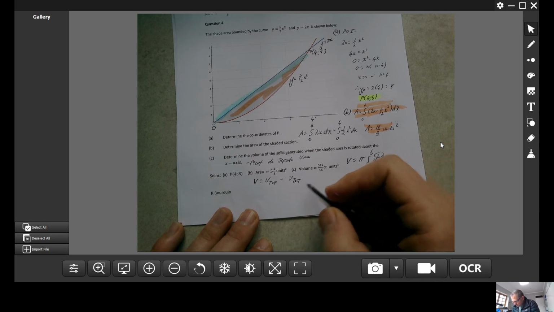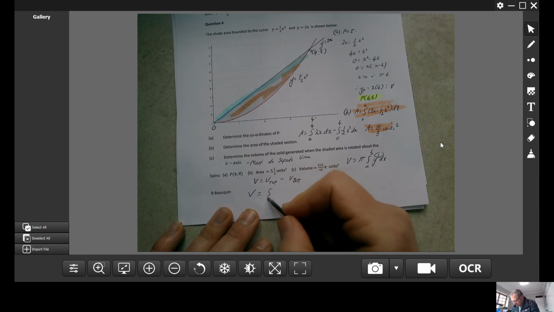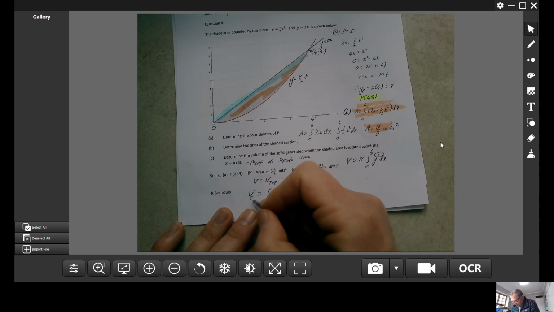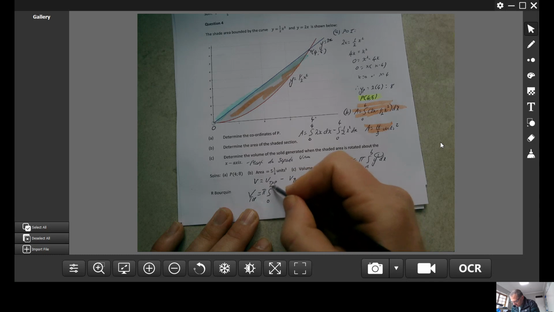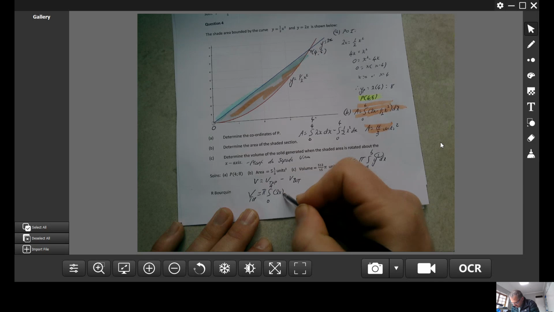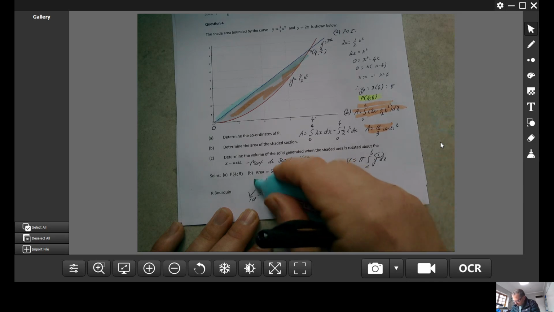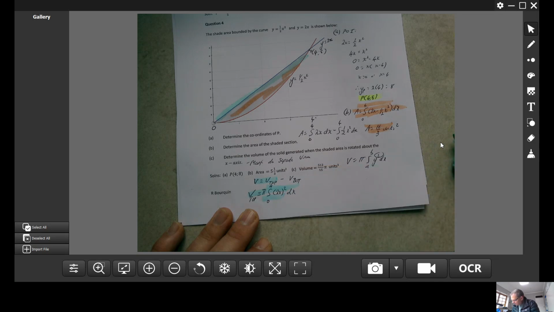So the volume of the top function is pi times the integral between 0 and 4. The top function is 2x. You've got to square it with respect to x. So that's the volume of our top function. Minus the volume of the bottom function.